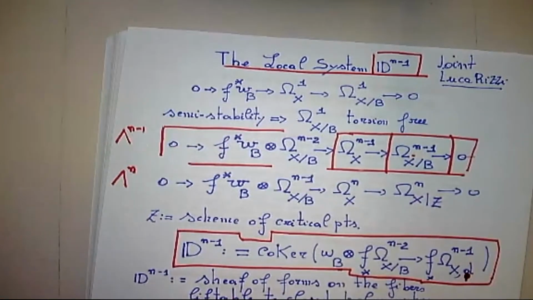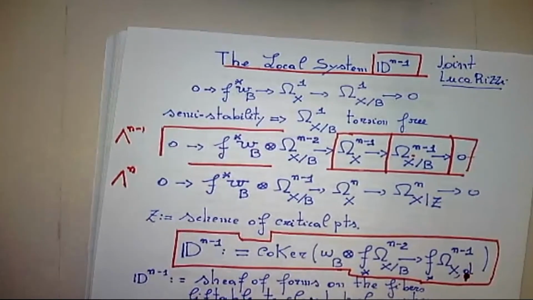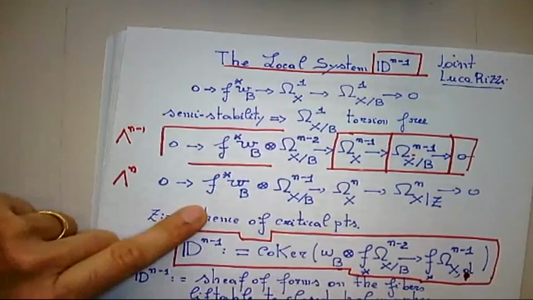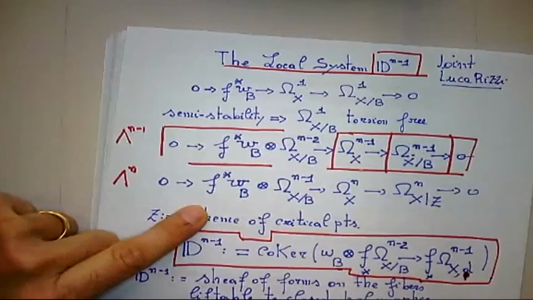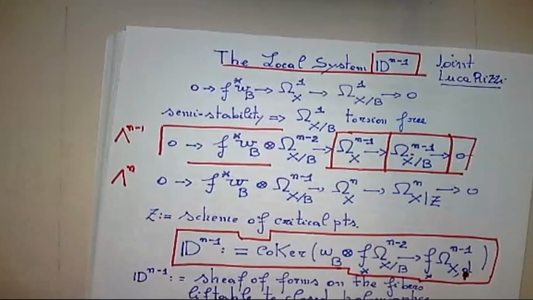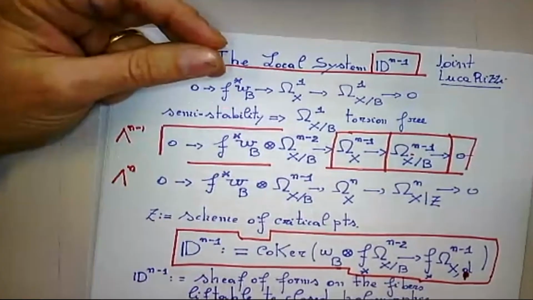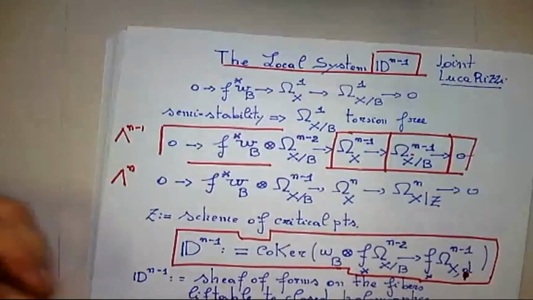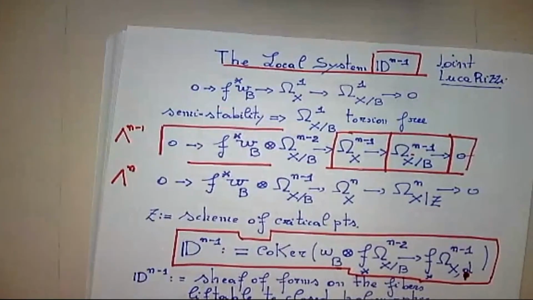Actually, this is a sheaf of forms which represent the forms on the fibers which are liftable to closed holomorphic forms on the global object X. So you have to imagine that you have these forms on the fibers, the ones that you can lift to forms on the ambient space which are closed.